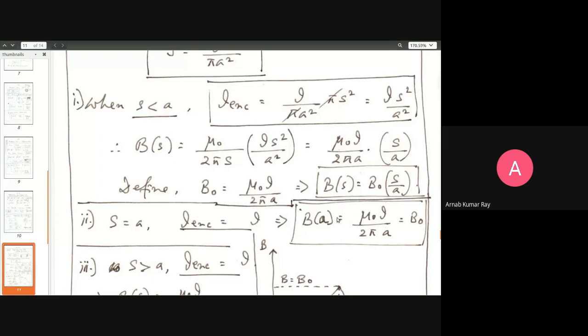You can also find this from this formula itself. As soon as you write S is equal to A, this will cancel. S by A will become 1, and B at A will be equal to B naught.